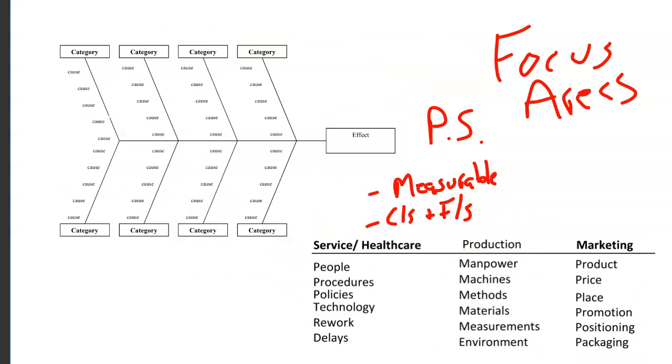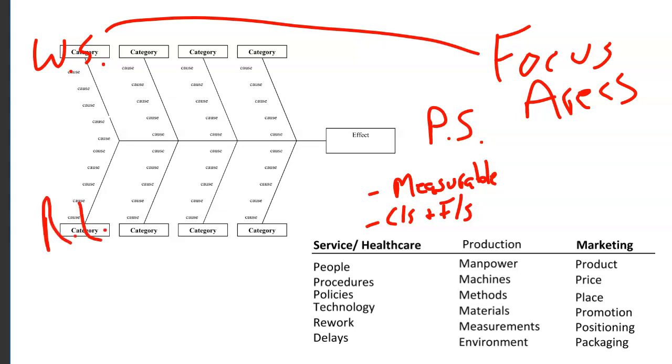So with a focused area based fishbone diagram, one of my category areas might be the white space that I observed in between a particular set of steps that was big and impactful. It could be the rework loop or a series of rework loops that were creating some of our process problems.